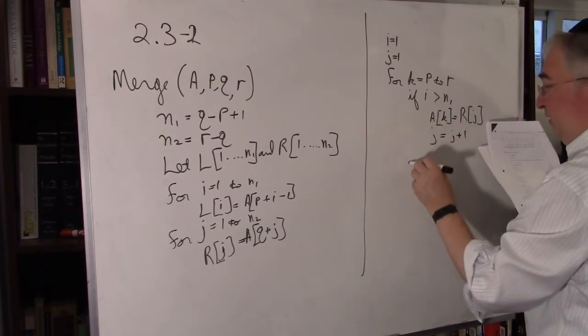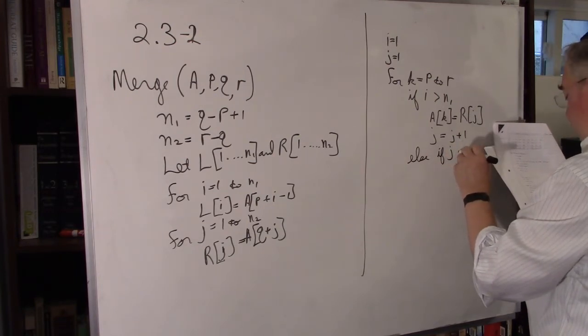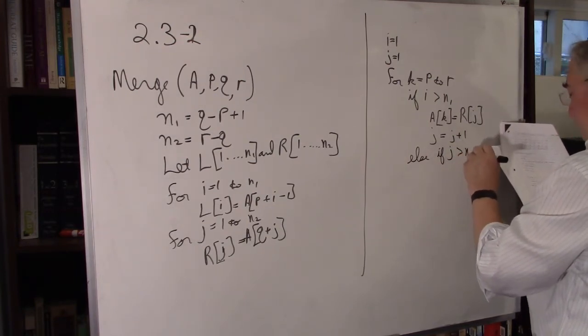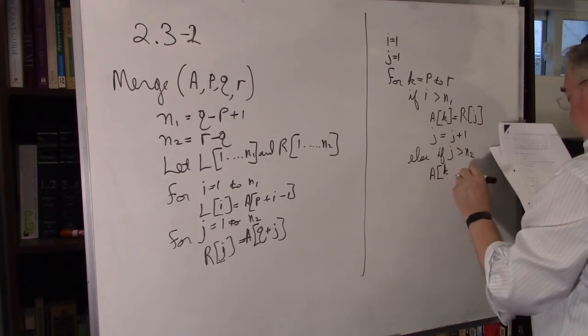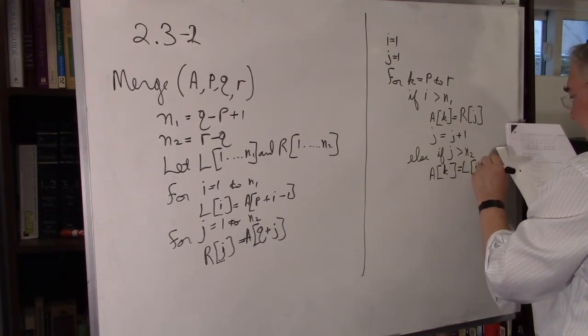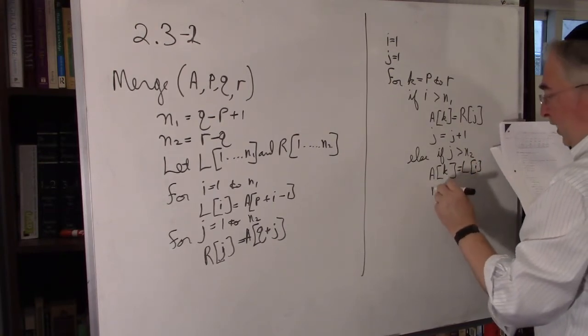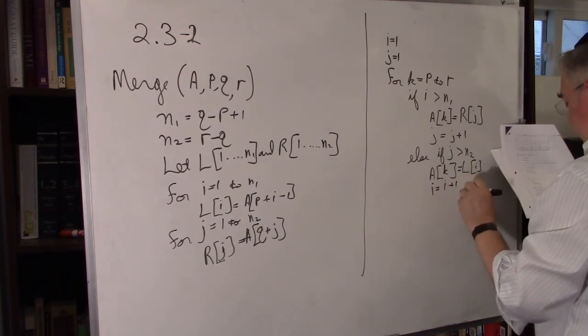Else, if J is more than N2, A of K equals L of I, I equals I plus 1.